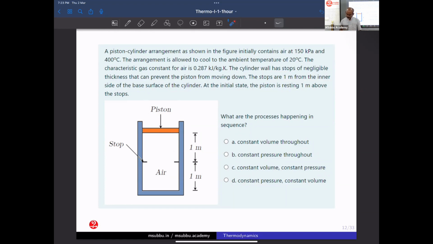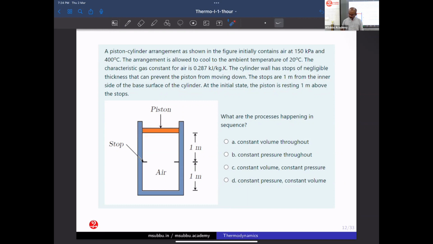And how long will it be constant? As and when the cooling is happening, what will happen? We can always make use of the equation PV equal to RT. Temperature is going down, and what happens to the pressure and volume? Pressure will remain constant because it depends on the weight of the piston head.